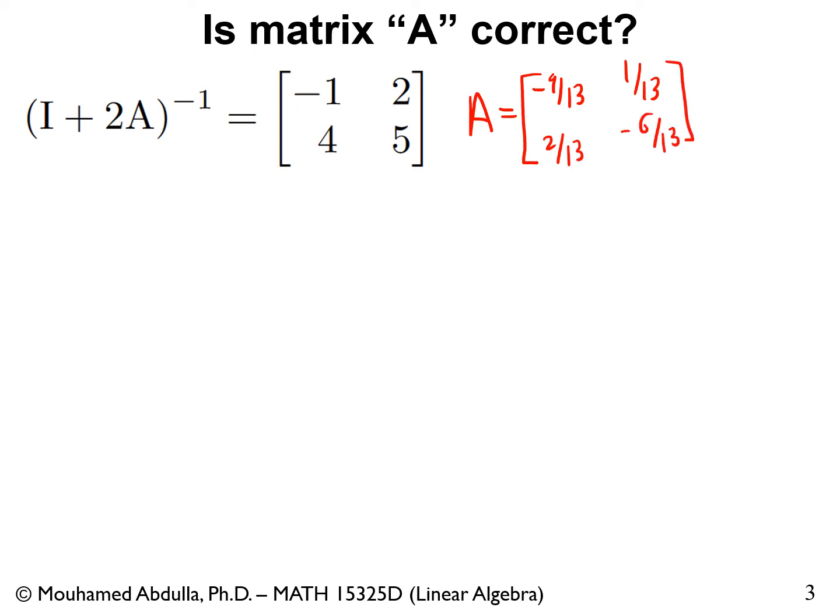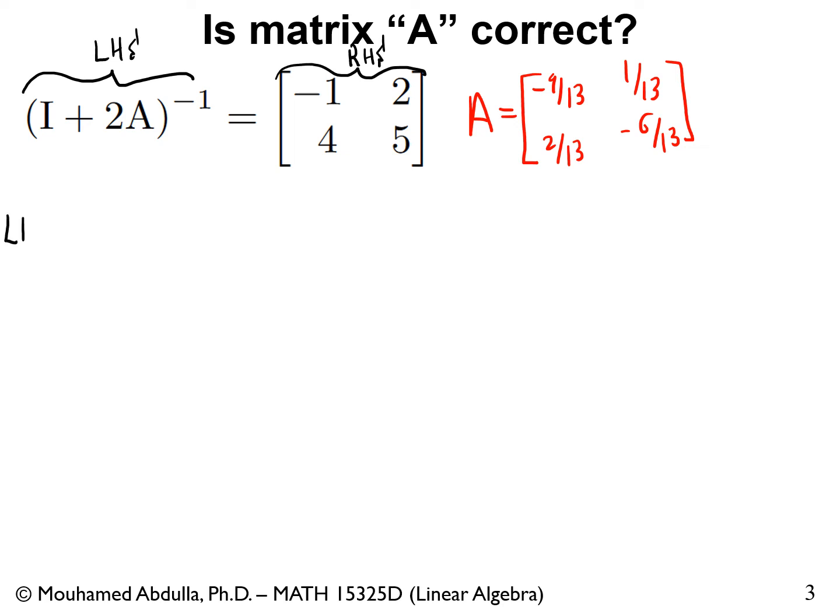In order to verify if this result is indeed correct, we could look at the left-hand side and the right-hand side. This is my left-hand side, and this would be the right-hand side. We want to verify if, starting from the left-hand side, we reach the right-hand side. So let's give it a try.